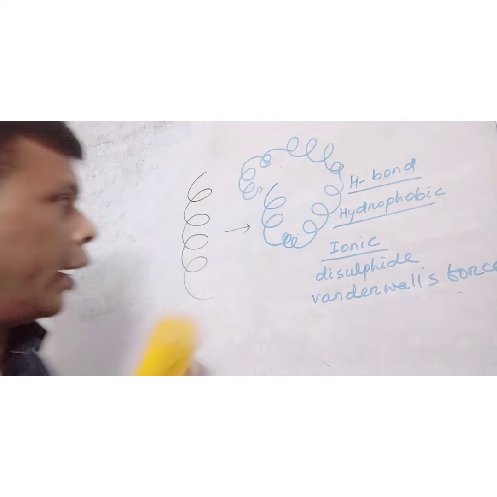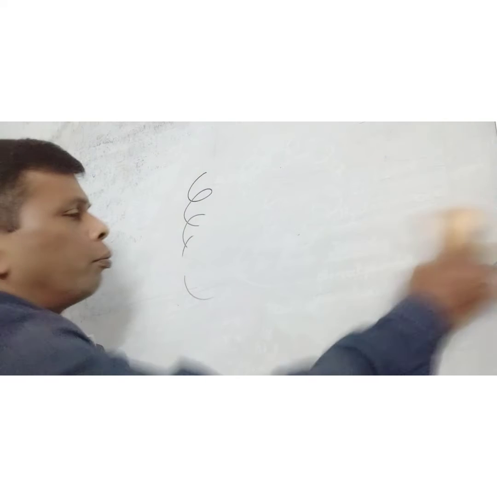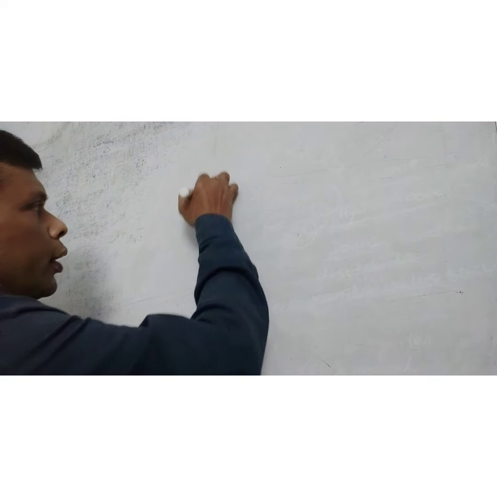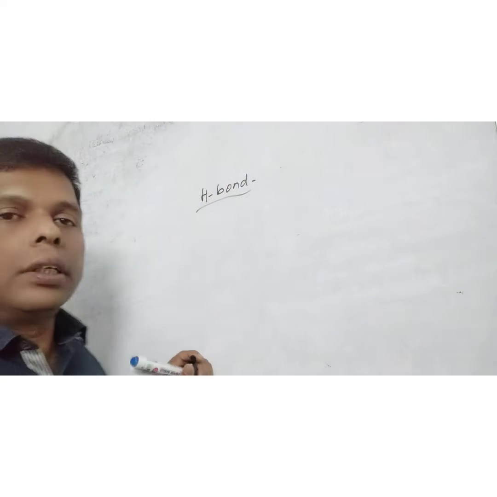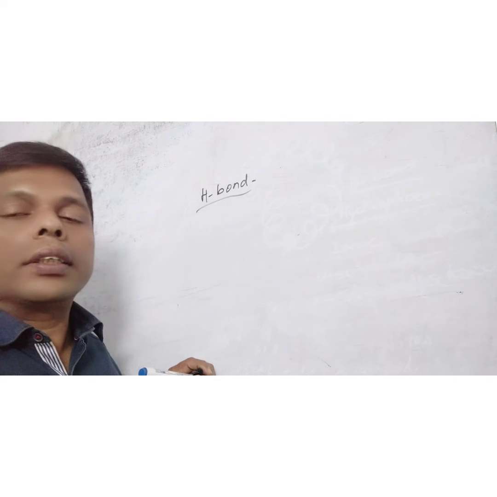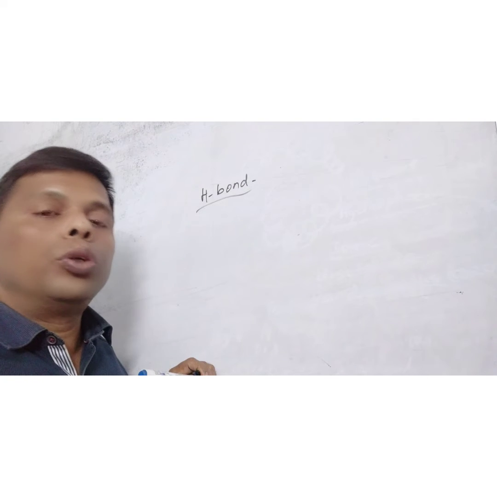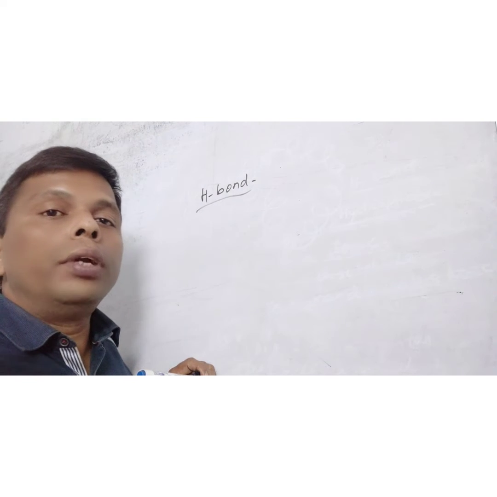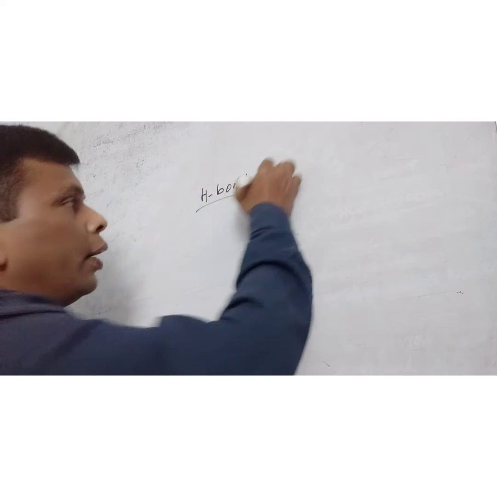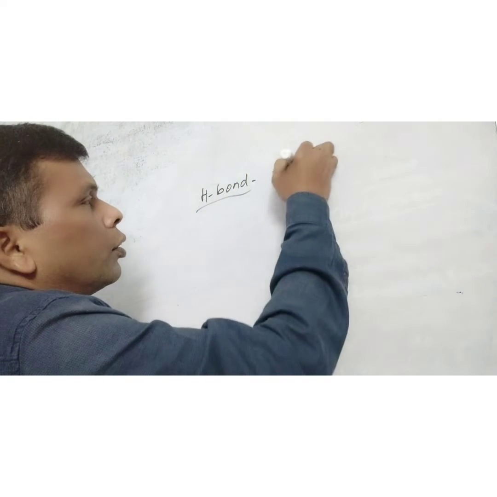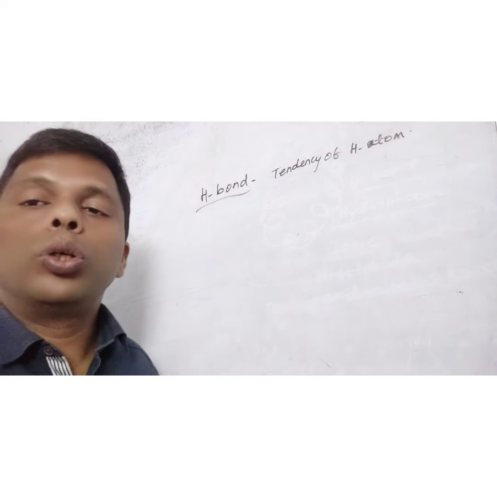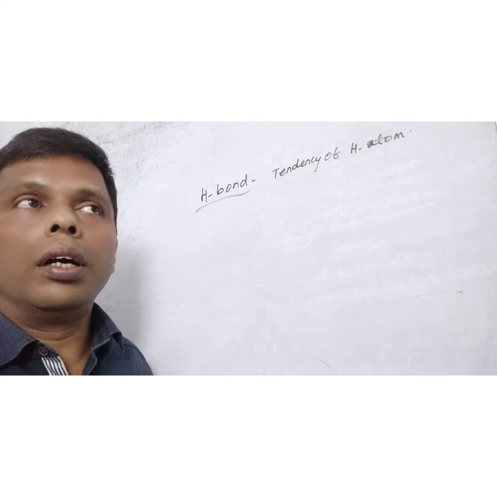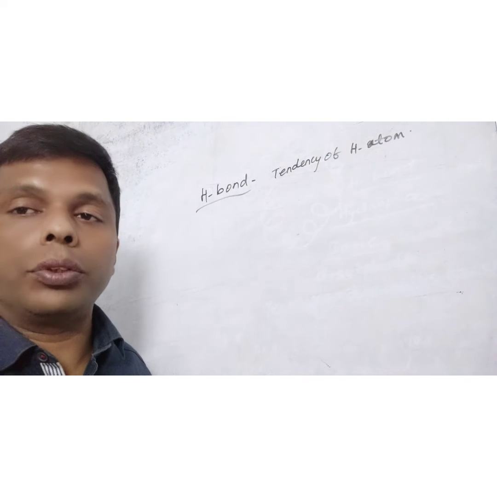This hydrogen bond is formed for the purpose of further folding. What is this bond? It is the tendency of a hydrogen atom to share electrons with two neighboring atoms in the chain.